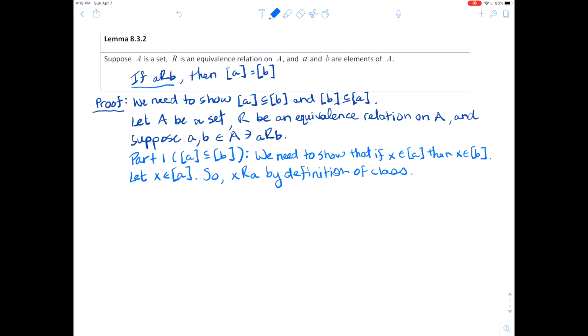So, what can we say? Since xRa and aRb, then what has to be true? Good. That means that xRb, and why can we use that?